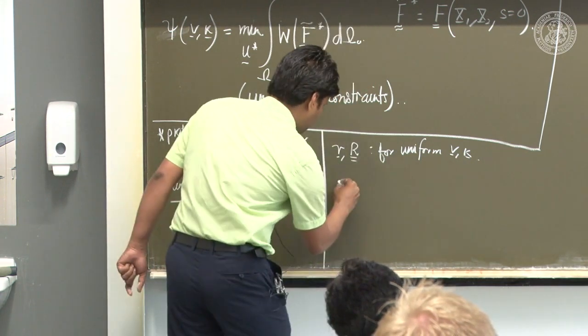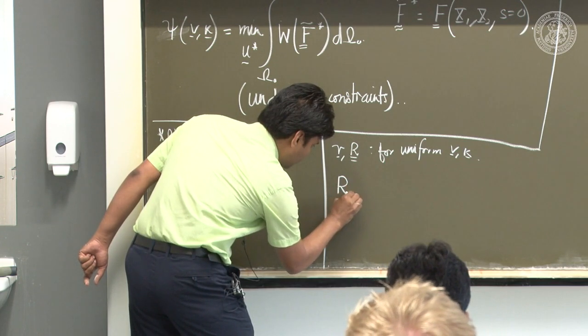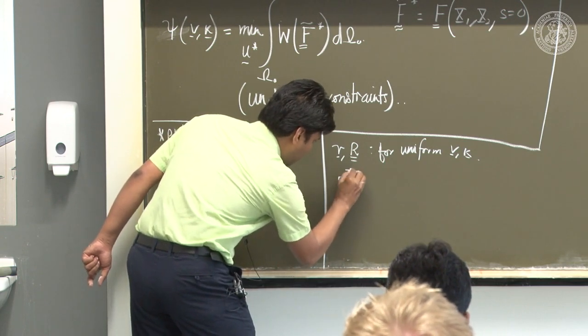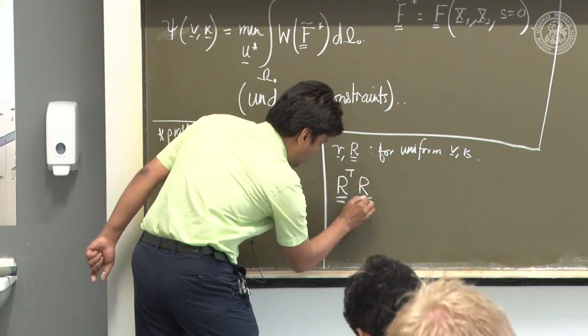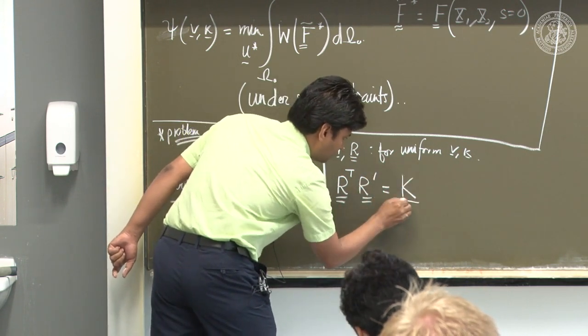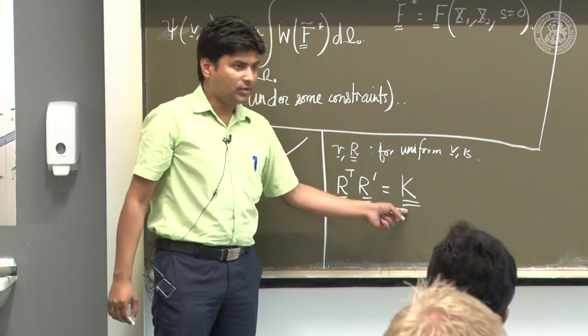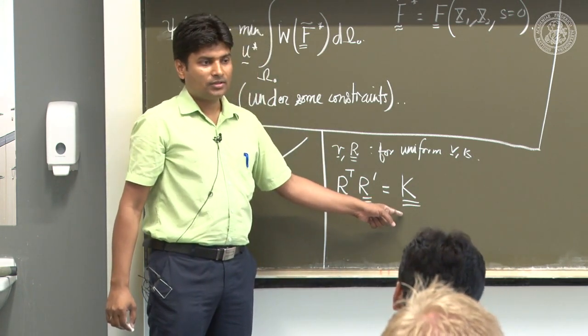All right. So, to get that, we all know that big R transpose big R prime is equal to your big K. The right hand side big K is a constant, isn't it?